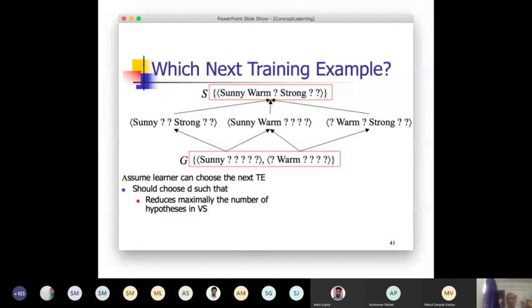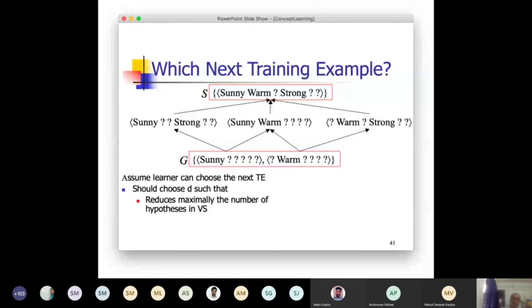If you remember, we started with the whole hypothesis space. That means S is null and G is all question marks. And then with each training example, we are narrowing down this search space. Finally, when you narrow down to the space in which all the hypotheses are consistent with the training examples, that is your version space.